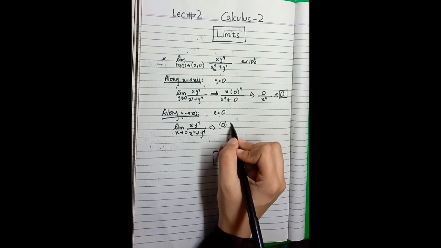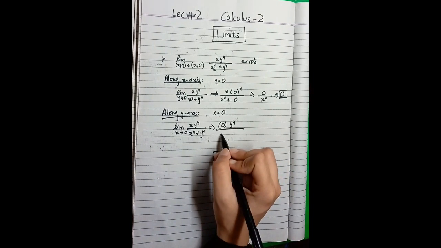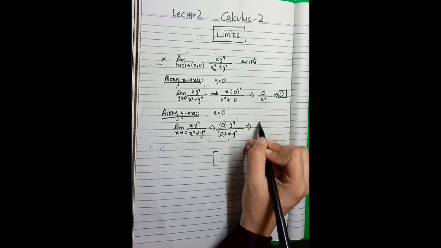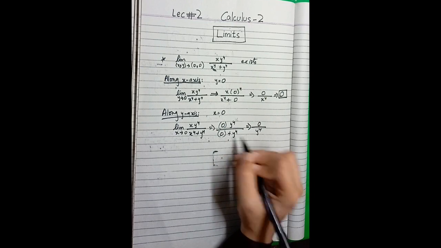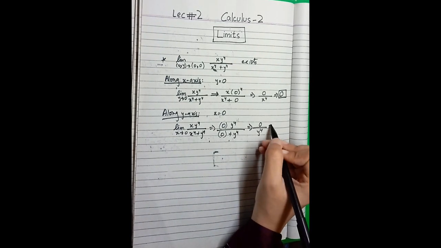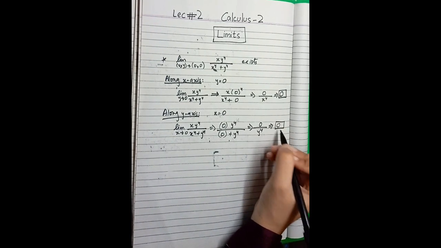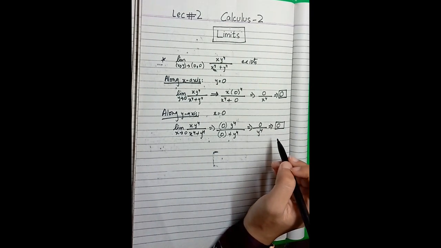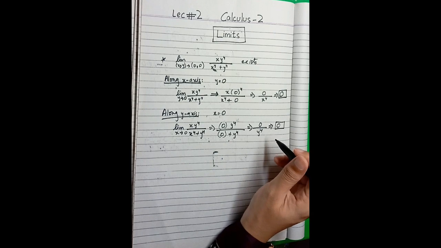So 0 into y^4 divided by 0 plus y^4, which means 0 by y^4, and 0 over something is 0. Now in Calculus 1, by solving such conditions, we can say that our limit exists.